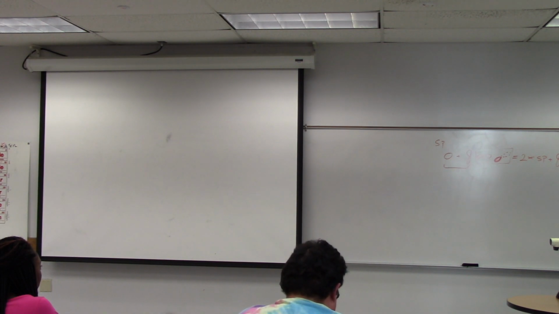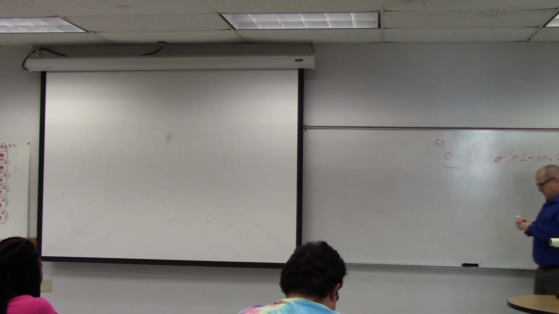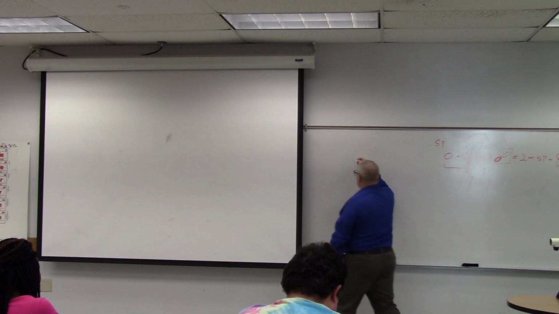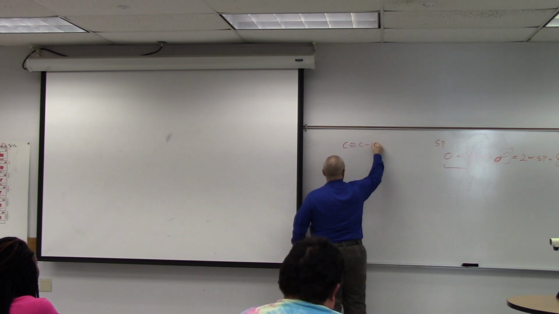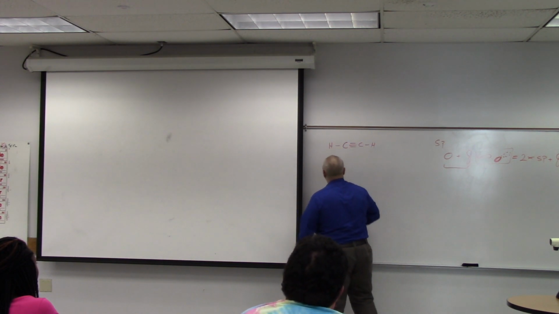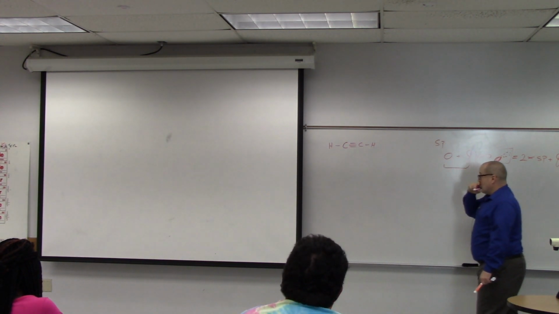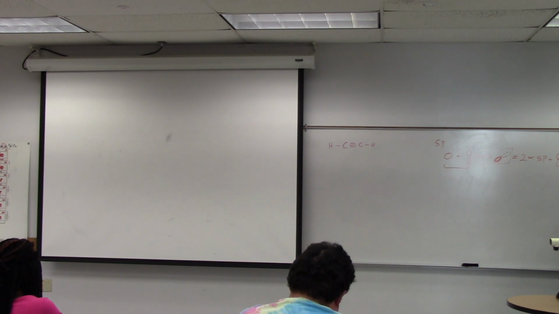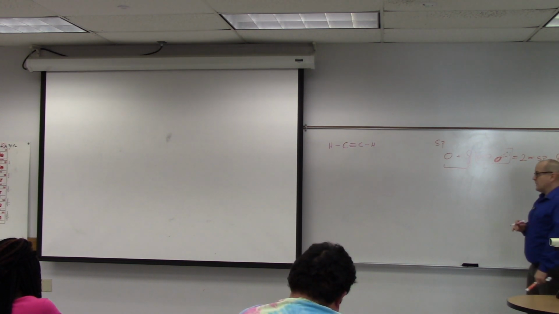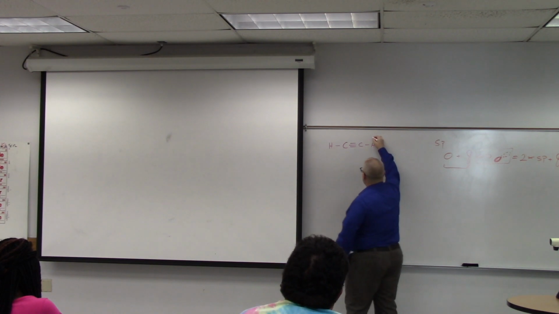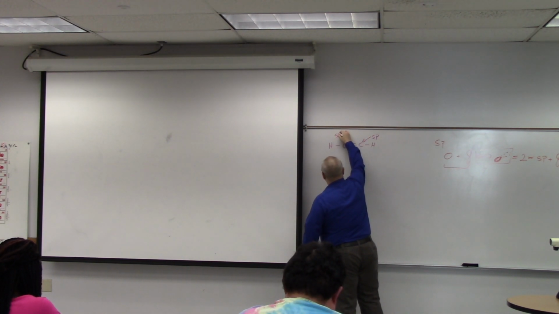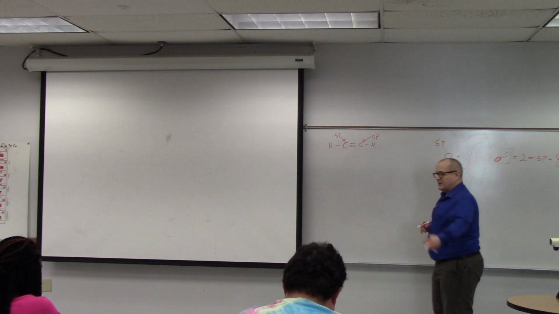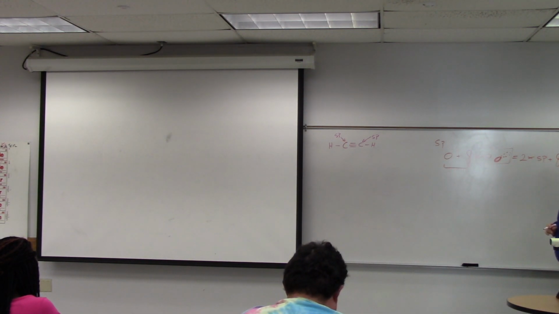Make sense? All right. So let's consider the simplest sp molecule. That would be this one. It's an alkyne. So we know, and I'm going to tell you now, that those carbons are sp. The easy way to tell is there's a triple bond. Any period 2 element that's triple bonding will be sp. Okay.